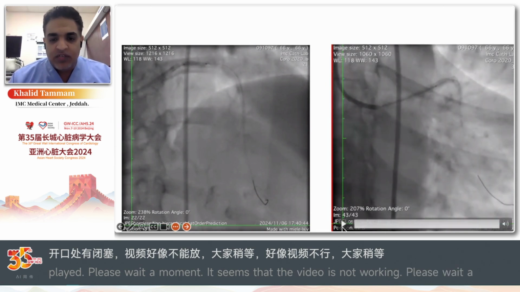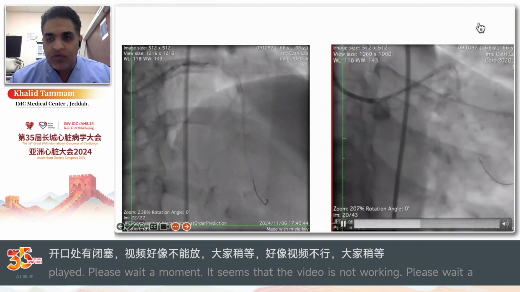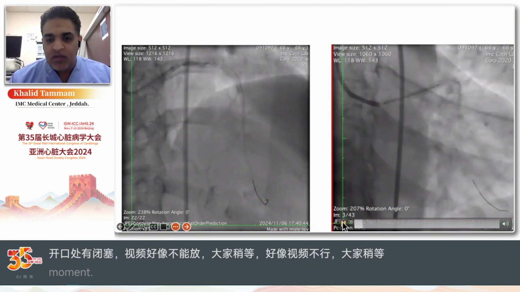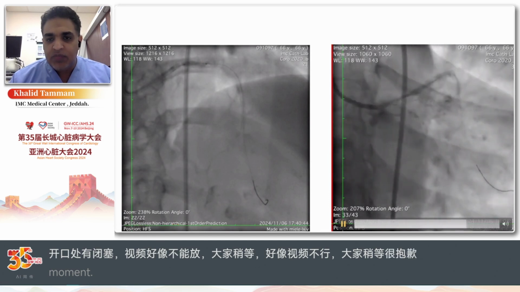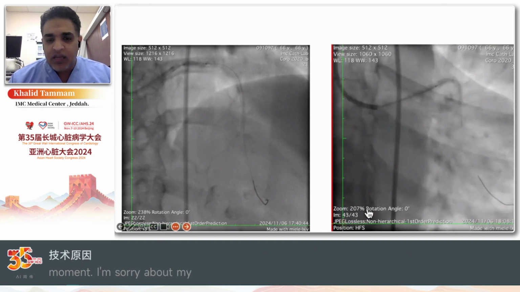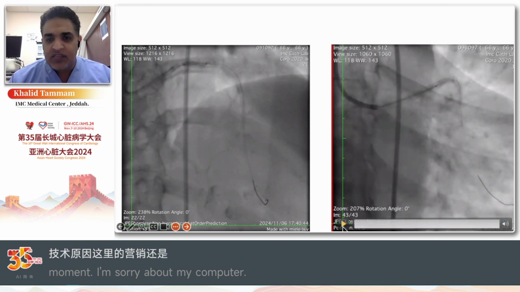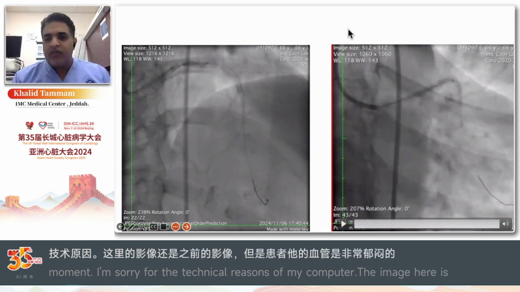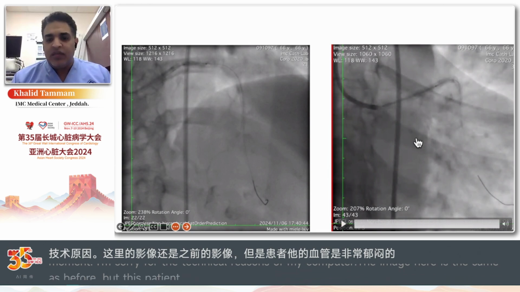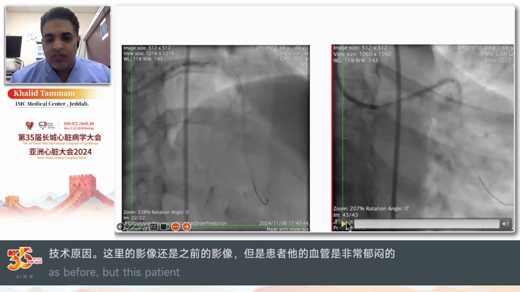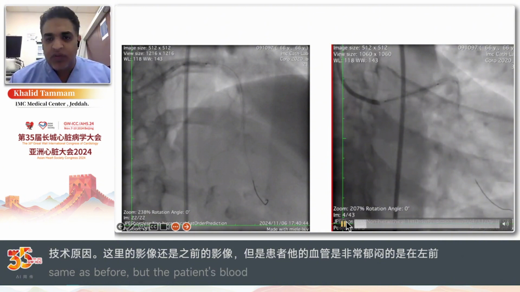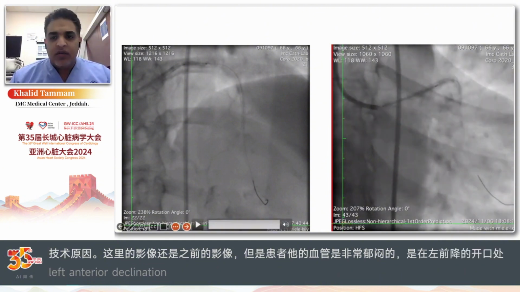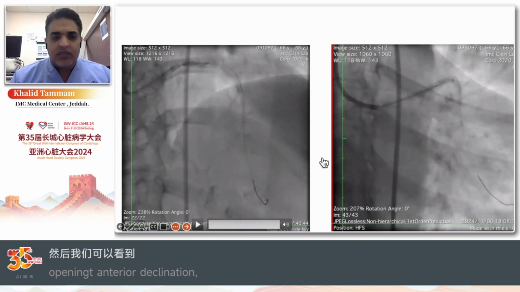So here was the lesion. I'm so sorry for some technical problems with my computer; the first image doesn't appear. But she has a very small vessel disease, a hyper artery in the LAD, and this was successfully opened antegrade with a Fielder XTR.